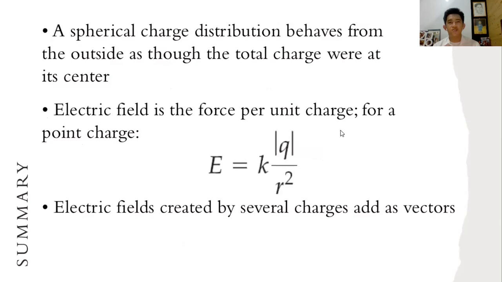A spherical charge distribution behaves from the outside as though the total charge were at its center. Electric field is the force per unit charge of a point charge. We can calculate it using E equals kq over r squared. Electric fields created by several charges again add as vectors, same as with the forces a while ago.